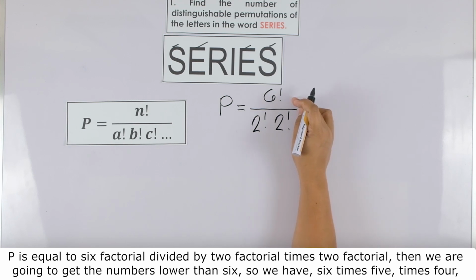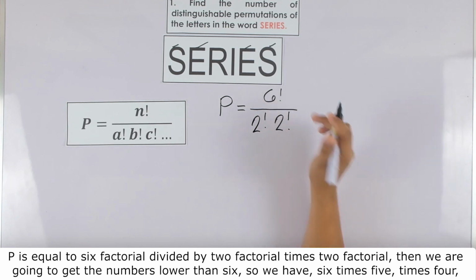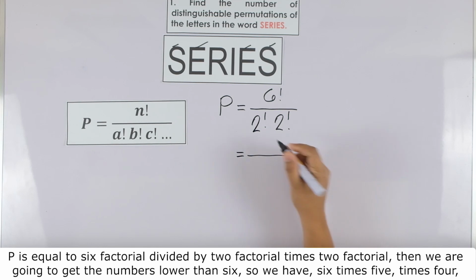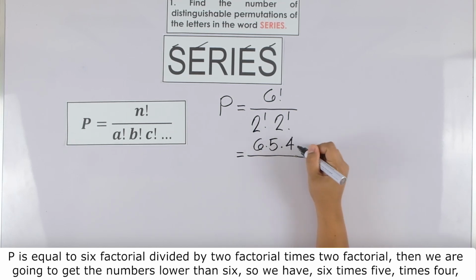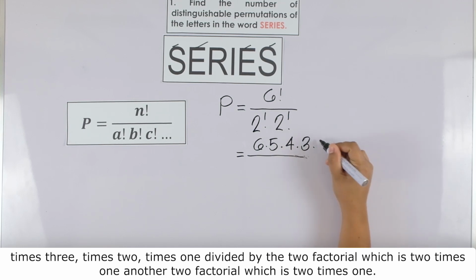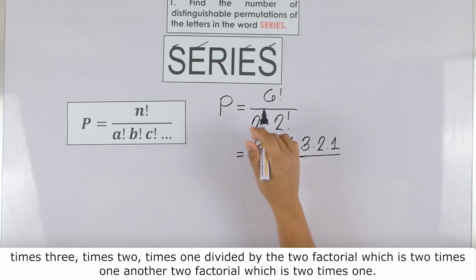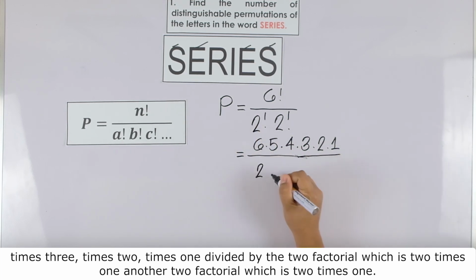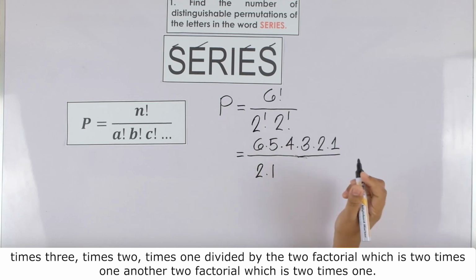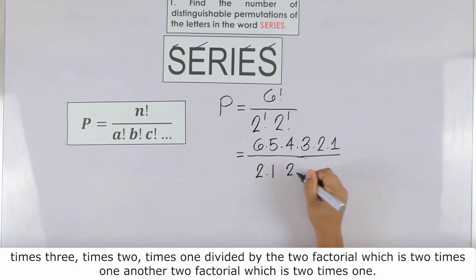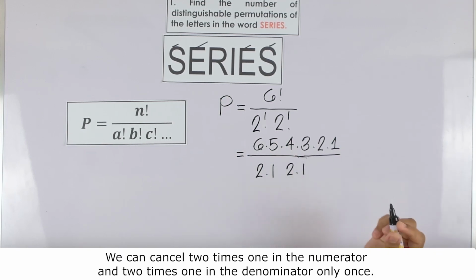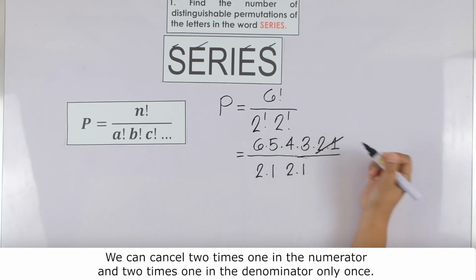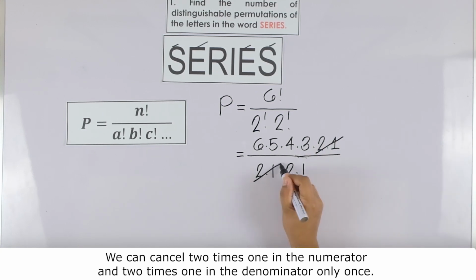We are going to get the numbers lower than 6. So we have 6 times 5 times 4 times 3 times 2 times 1 divided by the 2 factorial, which is 2 times 1, and another 2 factorial, which is 2 times 1. We can cancel the 2 times 1 in the numerator and the 2 times 1 in the denominator, leaving only one 2 times 1.